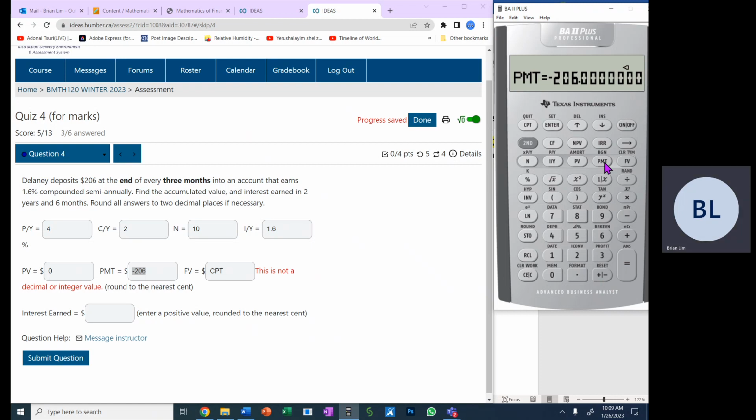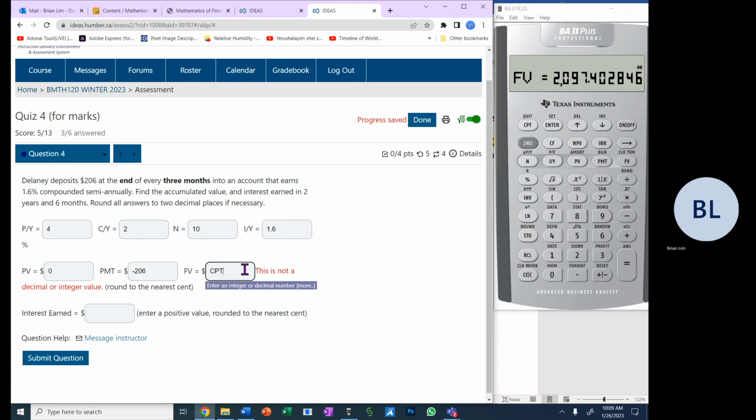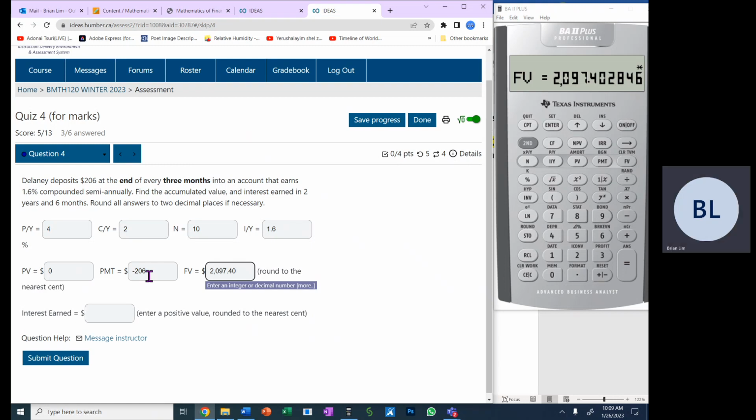All right, so now we will compute the future value, and we get a number. That number turns out to be $2,097.40. All right, so we have the future value.